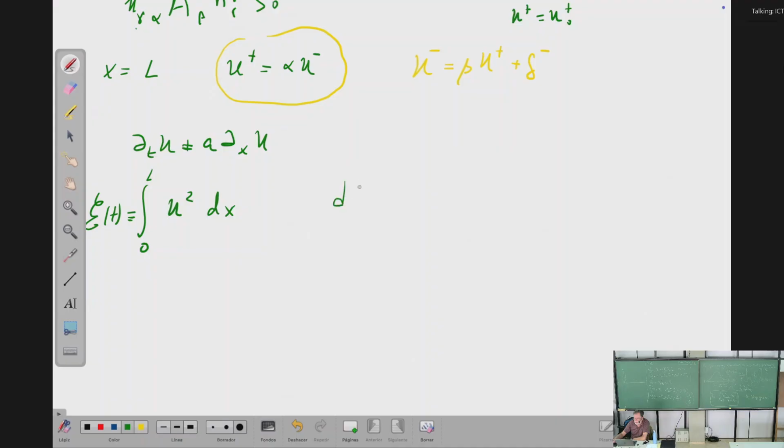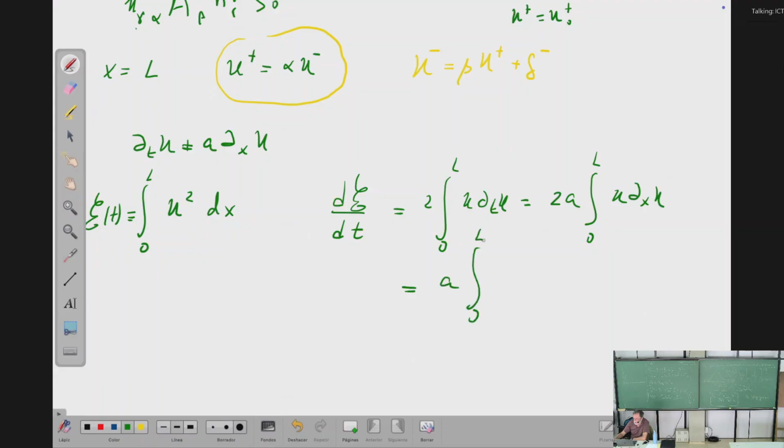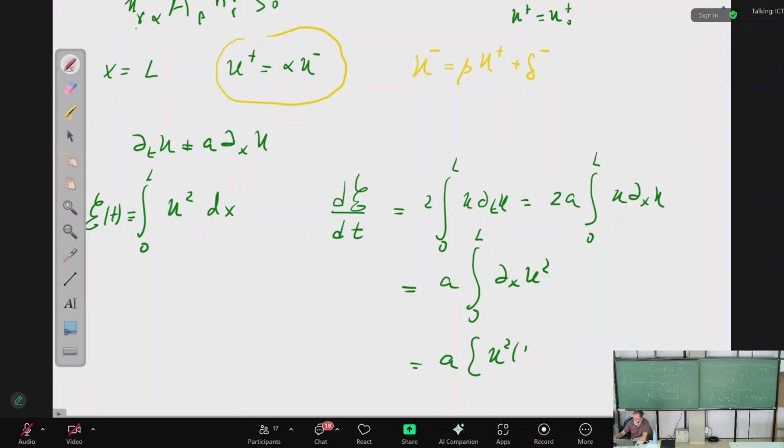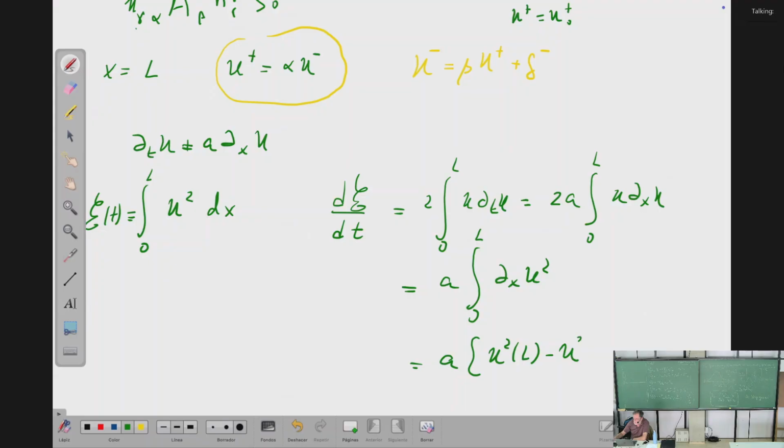So if I take a time derivative, this is 2 integral 0 to L of u dt of u, and this, using the equation now, is 2a integral between 0 and L of u dx of u, and this is a times the integral between 0 and L of dx of u square, and this is a times u square in L minus u square in 0.